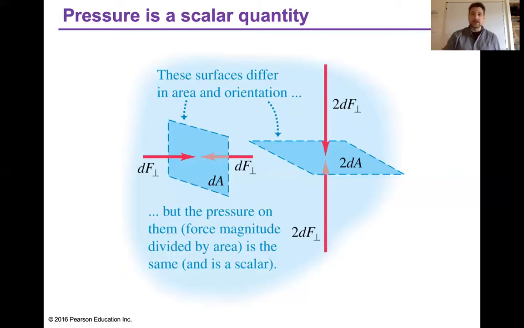Think about stress back from Chapter 11. It was force divided by area. So yes, we care about the force, and since it's a bigger area, there's more fluid able to act on it, able to push on that area. So there's twice the force pushing down and back up on this larger area than there is on this smaller one.